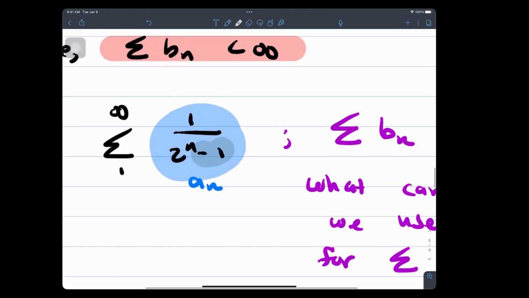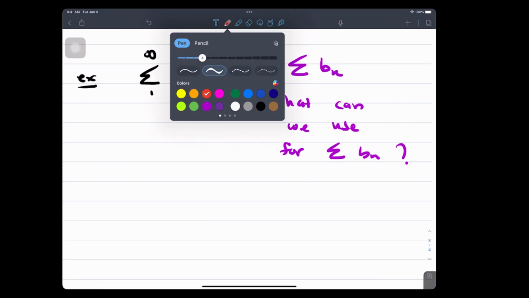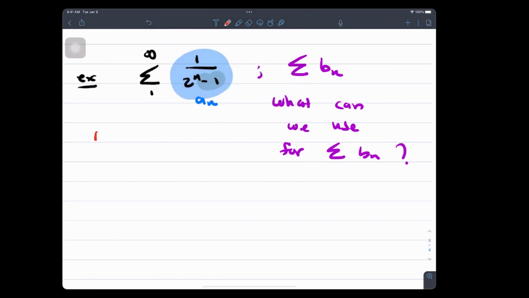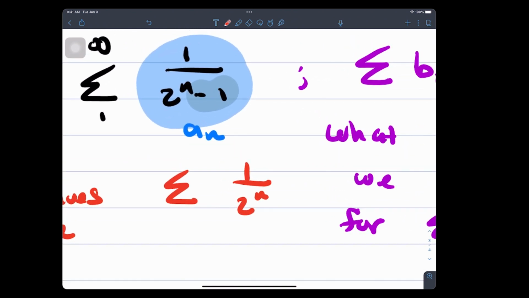So what you can do to get the Bn series, very often we say this particular series behaves like this series if I remove the constant. Did you guys see what I just did? I removed that -1 from the denominator.